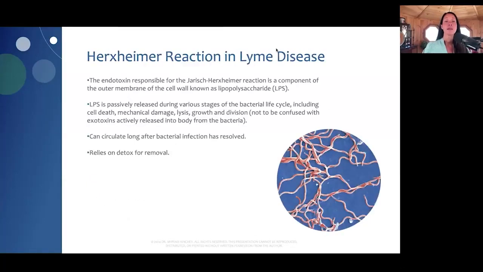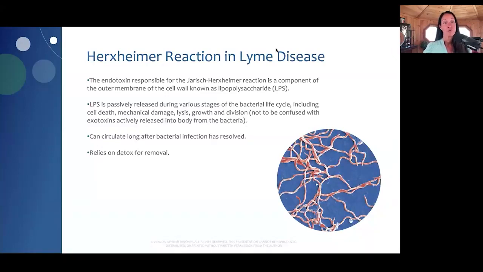And so, like I said, the endotoxin responsible for this is known as an LPS, or lipopolysaccharide. It's just a component of the outer membrane of these bacteria that get broken down when they are killed by antibiotics. So, it's normal for low levels of LPS to be present. What happens is when the levels accumulate and become toxic and the body is not detoxing them, we have this increase in inflammation.